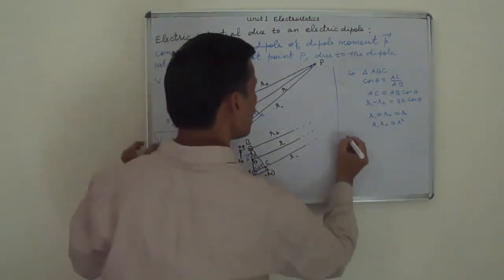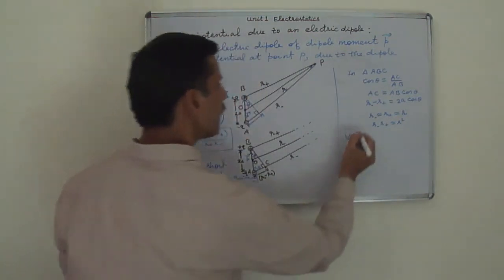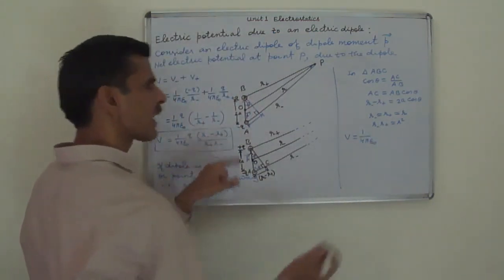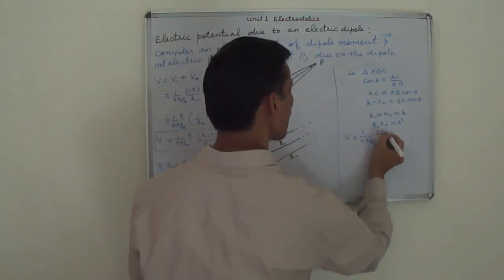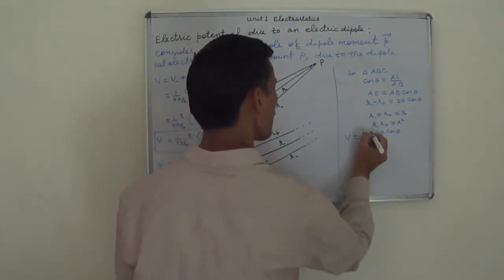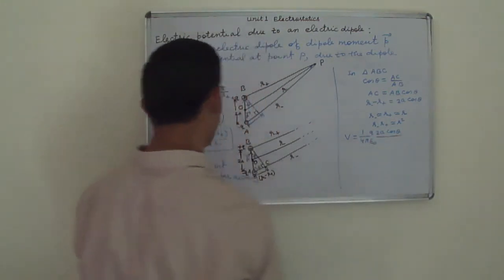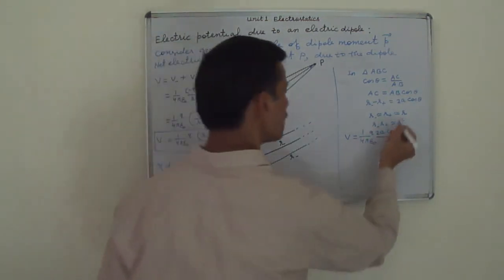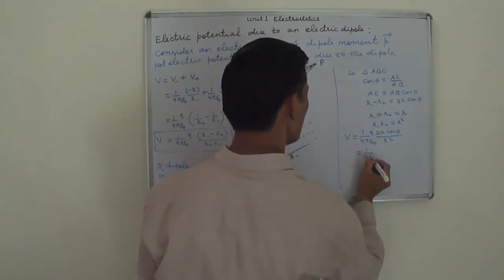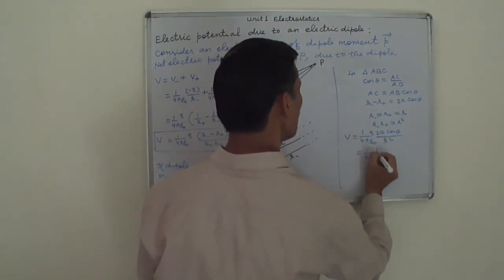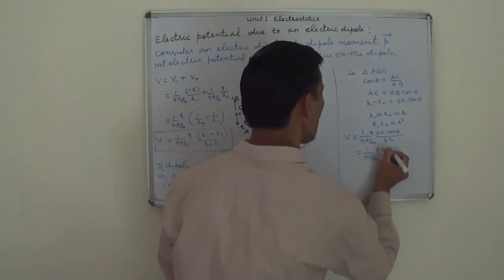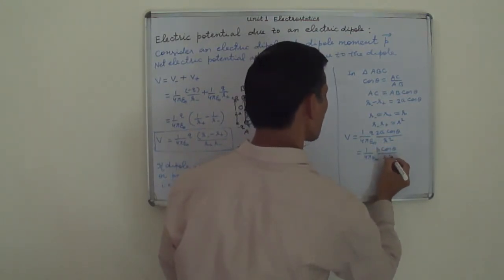Now from this equation, V is equal to 1 upon 4 pi epsilon naught, R minus minus R plus, which is equal to 2a cos theta. Q is also there, divided by R plus into R minus, this is R square. So it is equal to 1 upon 4 pi epsilon naught, 2a q, you know it is magnitude of dipole moment, cos theta divided by R square.